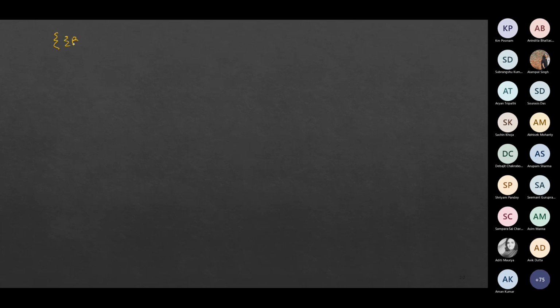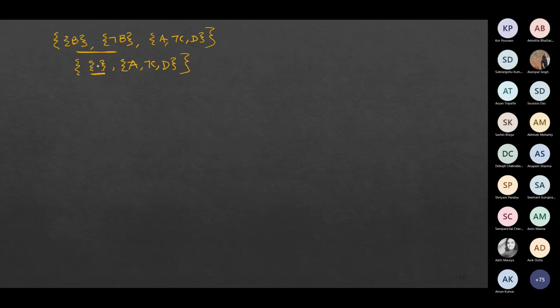We have, say, B and say not B, and there may be something here, say A, not C, D, something like this, right? Now, we can perform a B resolution here. As we perform a B resolution, what will we get? One empty clause.